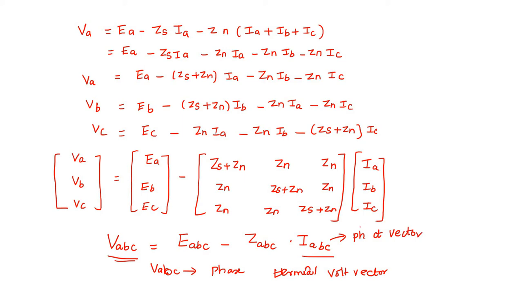Transforming the terminal voltages and current phasors into their symmetrical components, what is the result? A into V012 equals A into E012 minus ZABC into A into I012.